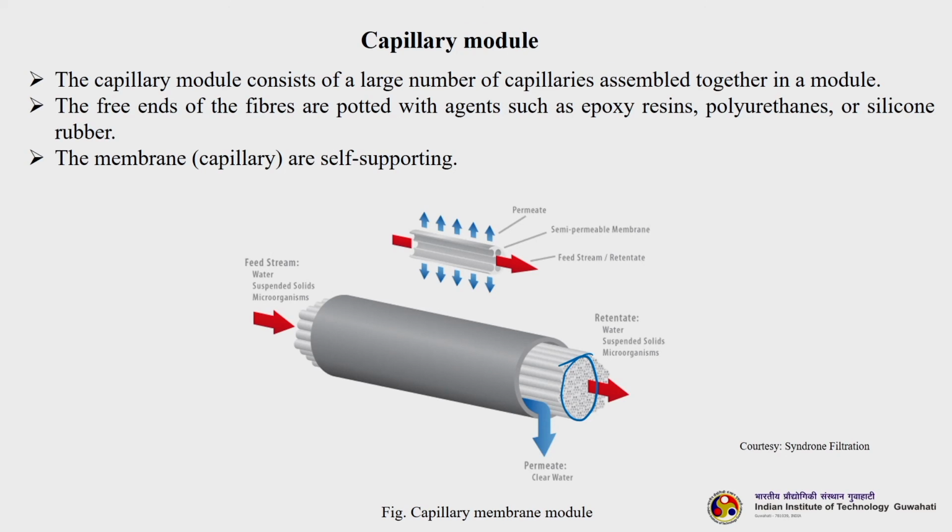In the tubular systems the membranes are not self supporting, however here the membranes are self supporting, they do not need any intermediate support to hold them. Feed is entering here, we get the retentate here, and the permeate is collected out of the membrane here.